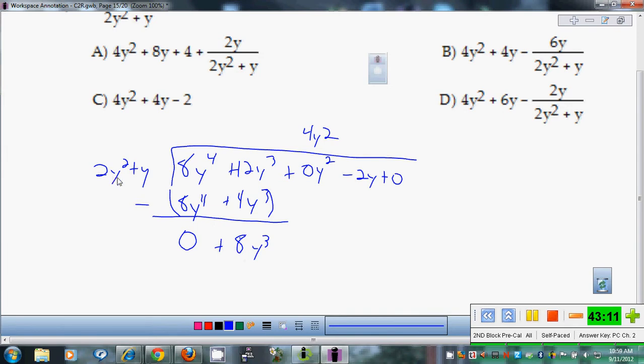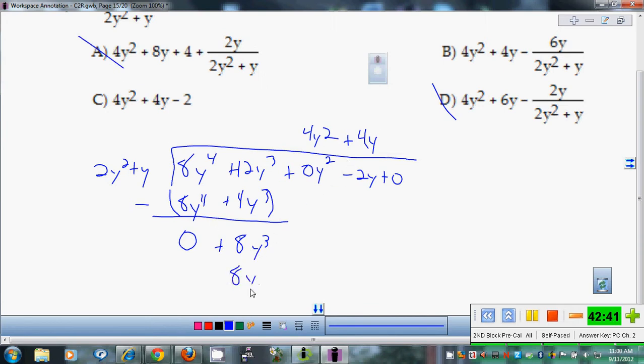It looks like you might have subtracted instead of dividing. A lot of people have done this. I've noticed a lot of people have been just going to the next term and dividing, but you don't. You come to the bottom. You won't come back to this line again. Yeah, 8y cubed divided by 2y squared is 4y, which lets us cross off D. That's the one without a 4y. Oh, and A. So multiply it back through.